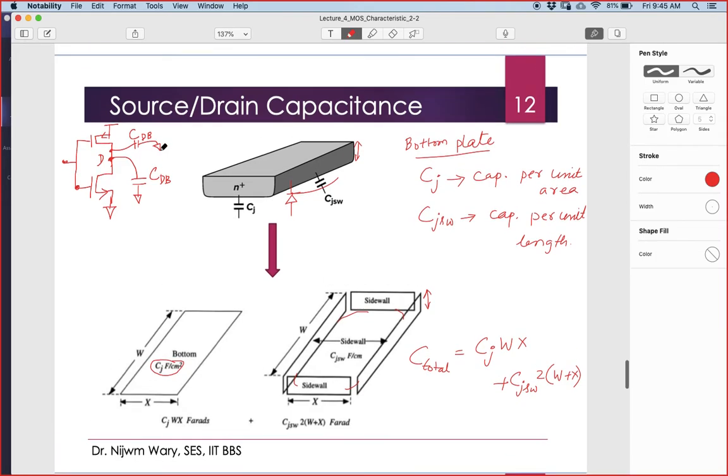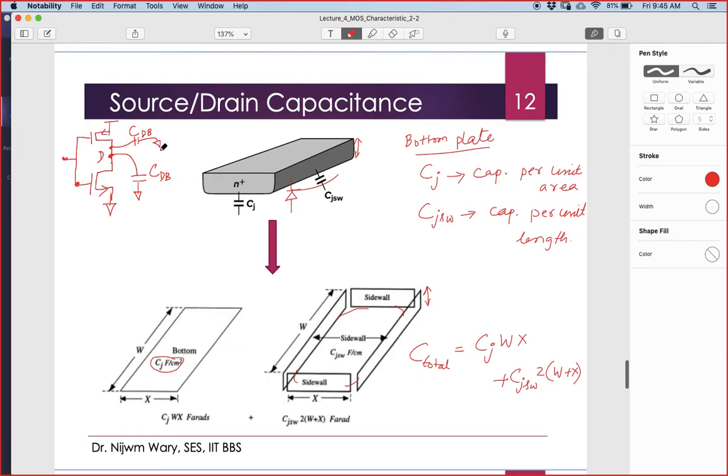Till now I have briefly summarized the MOS, the linear region, the saturation region, and the different kinds of capacitance. Now, in the next hour, I will be discussing the characteristics of the inverter. We'll go to the inverter design and then discuss its static characteristics.